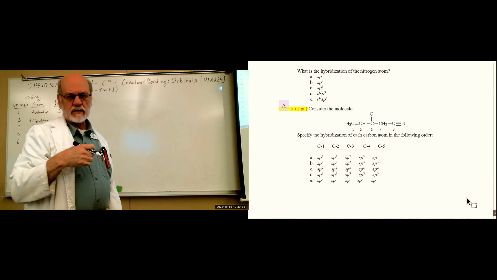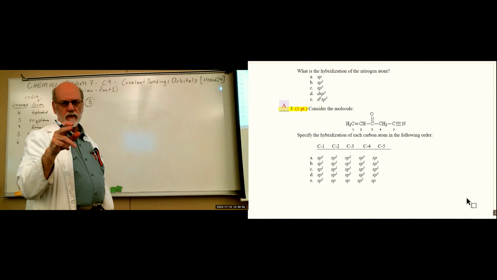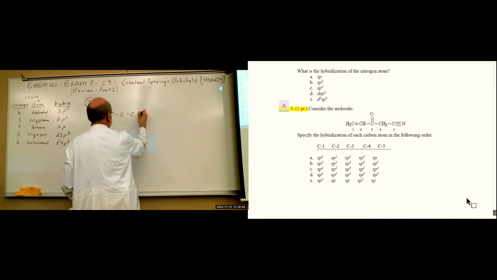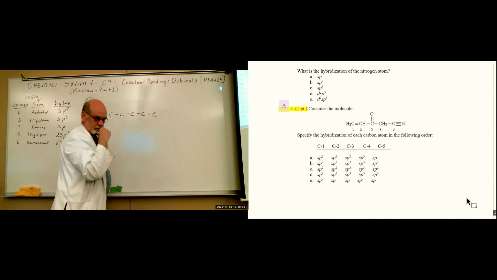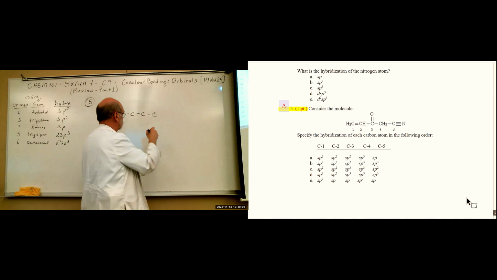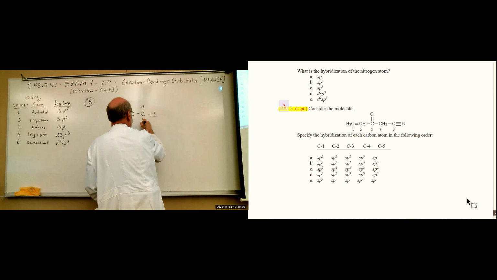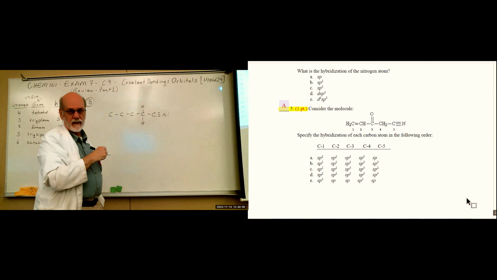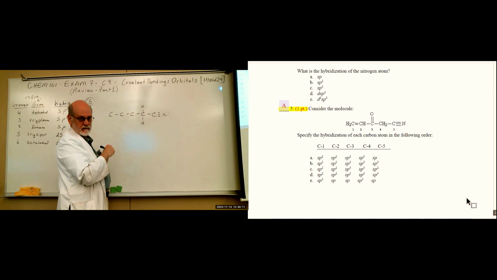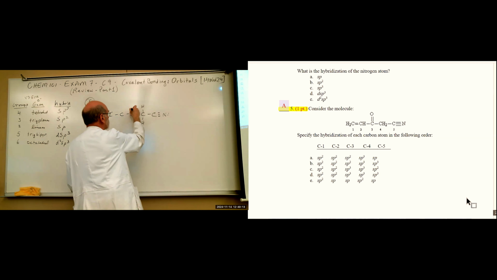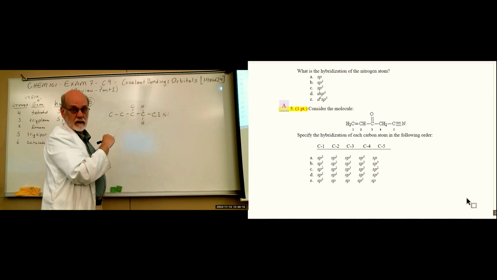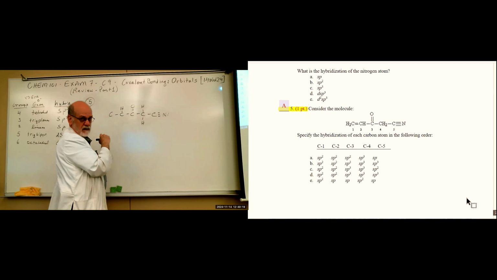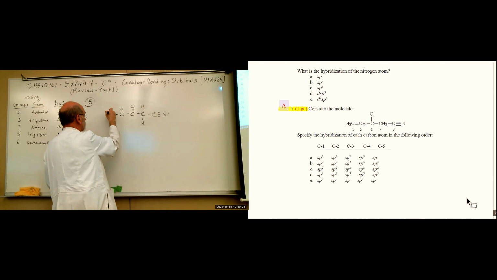Consider this molecule. 1, 2, 3, 4, 5 carbons. We have hydrogens here, nitrogen there. We have a carbonyl here. And we have a hydrogen here and 2 hydrogens here.